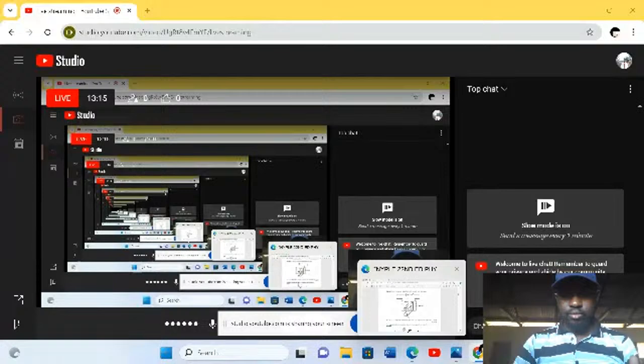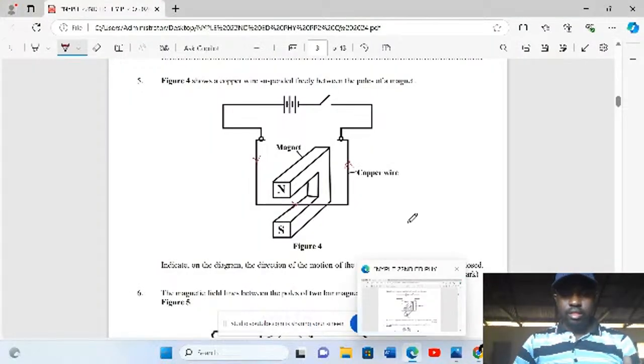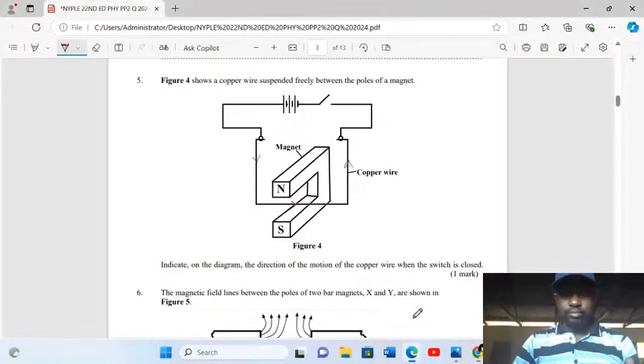Therefore, in this question, we will find that this current is moving in the direction indicated.